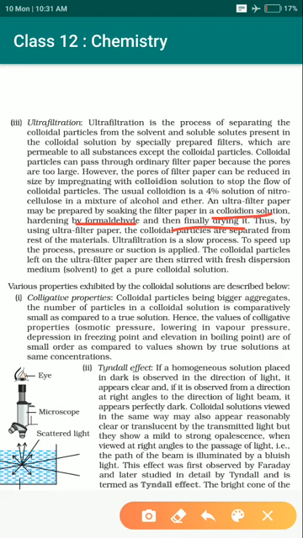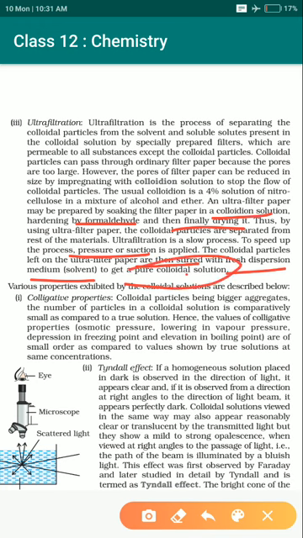Then you pour down the colloidal solution. The colloidal particles will remain on the ultra filter paper, and the remaining solution will go down. But it is a slow process, so in order to speed it up, pressure is used. The colloidal particles are then removed from the ultra filter paper with the help of a dispersion medium, a solvent.